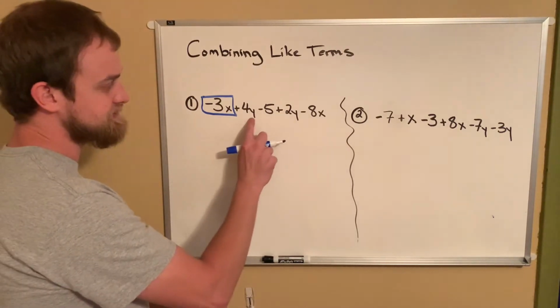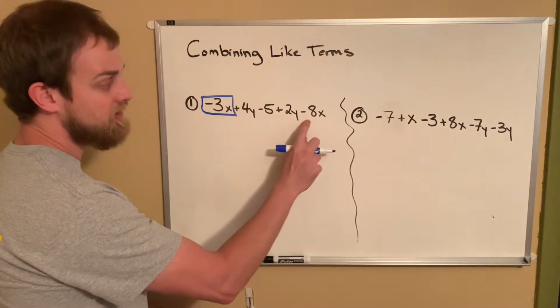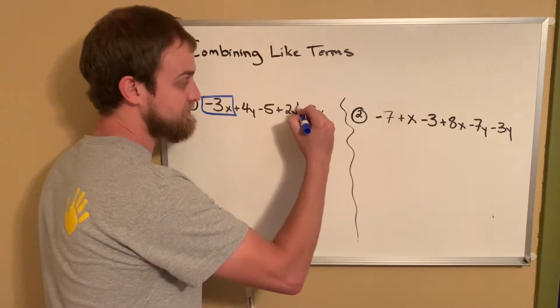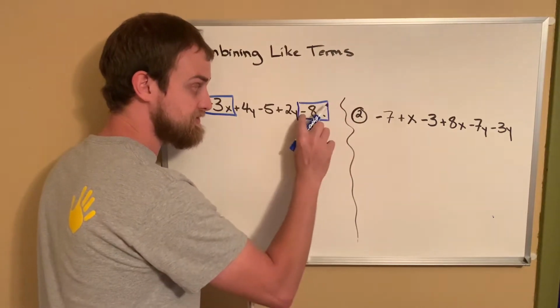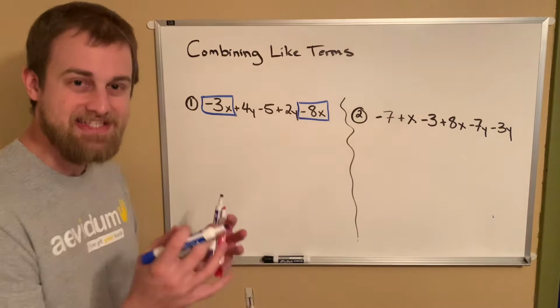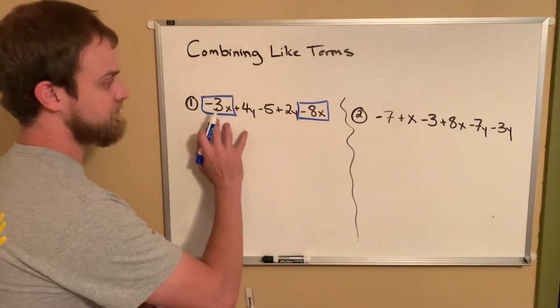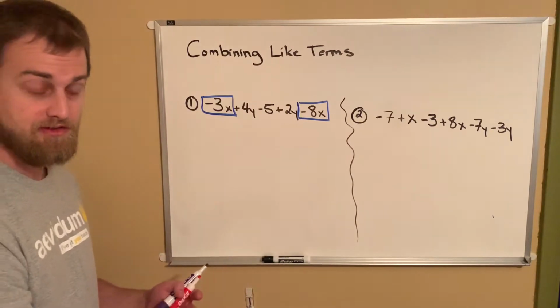So let's look through: that's plus 4y, minus 5, plus 2y. Notice this term here, and I'm going to get the subtraction sign in with the term so that I know that that's a negative 8x. If I look through, those are all my x terms.